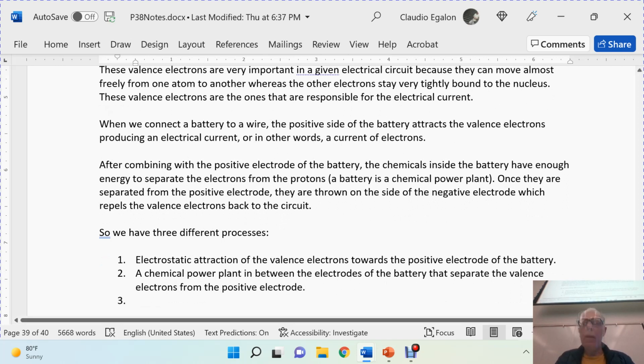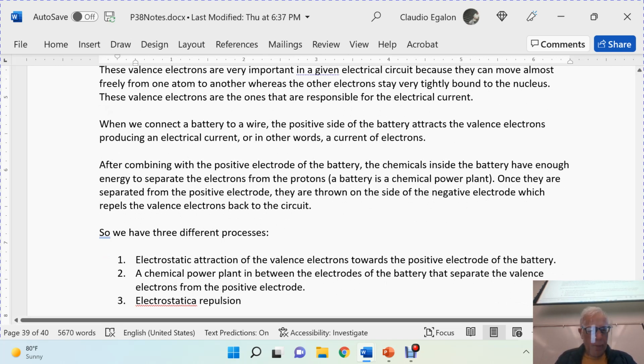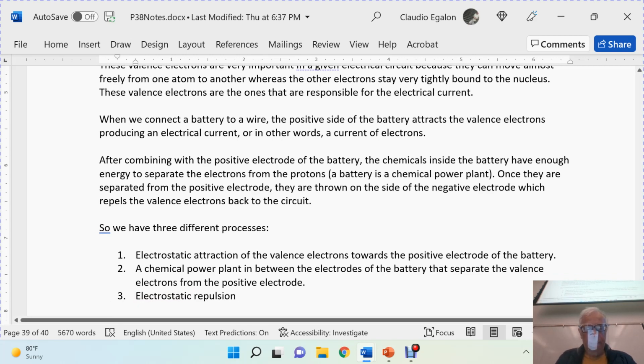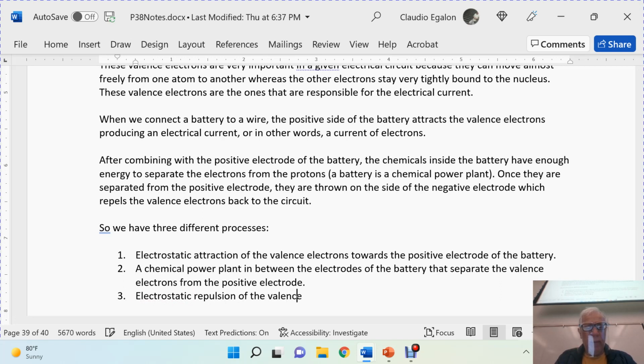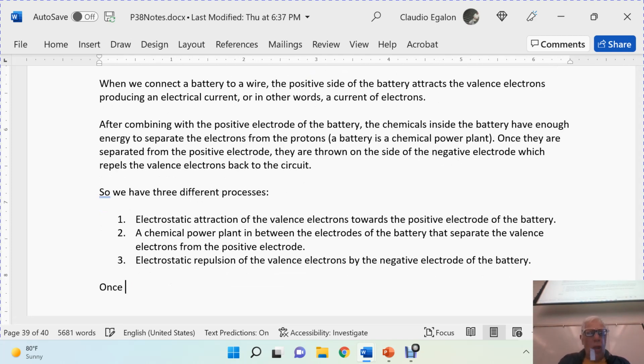And three, electrostatic repulsion of the valence electrons by the negative electrode of the battery. Three different ongoing processes.